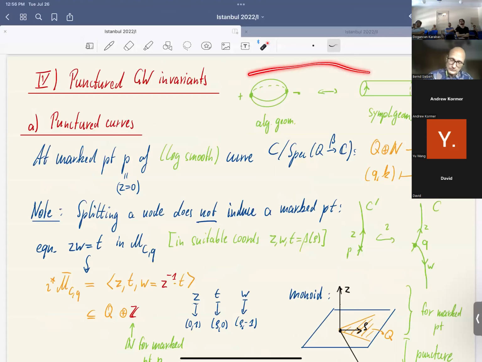Maybe first a cartoon to motivate what this has to do with pictures you are familiar with, or some people are familiar with, in symplectic geometry and Floer theory. So in Floer theory, you often look at situations where you have maybe 2 Reeb orbits, one incoming, one outgoing. So this means you have a positive side and a negative side.